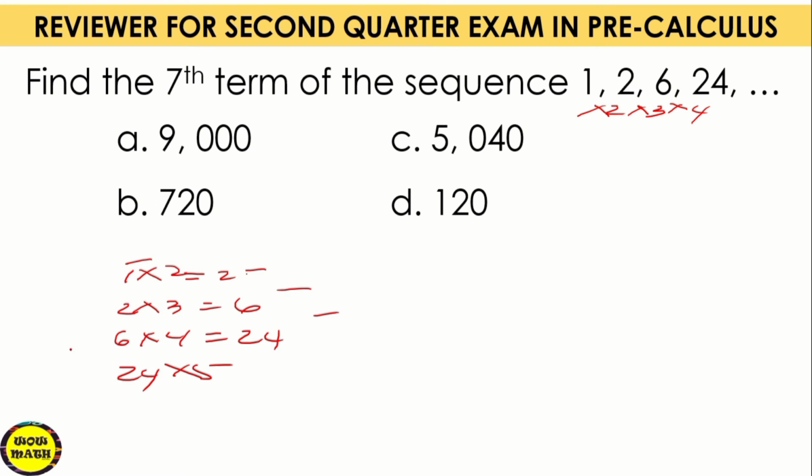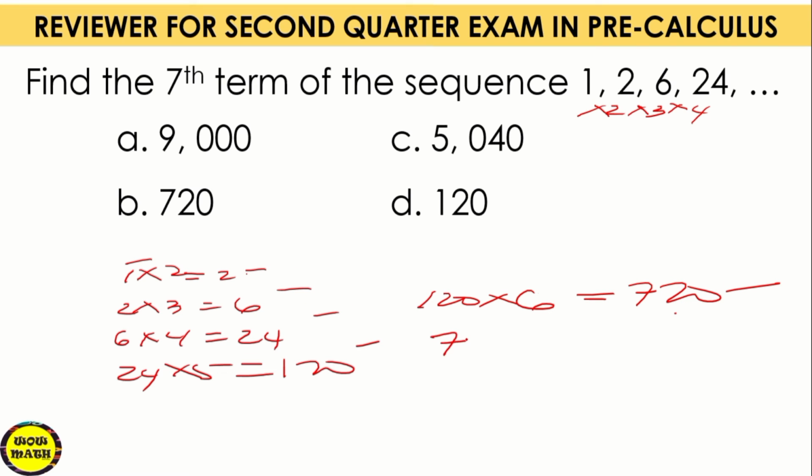That is 120. And then, pang ilan yan? 1, 2, 3, 4, 5. So, 120 times 6 equals 720. So, 1, 2, 3, 4, 5, 6. Isa pa. So, 720 times 7.